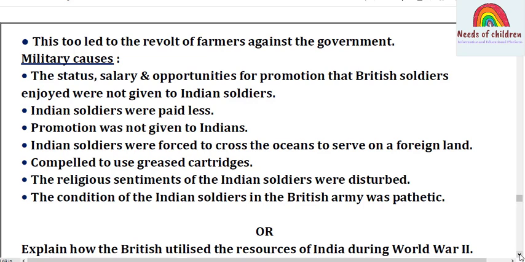And the next, military causes. The status, salary, and opportunities for promotion that British soldiers enjoyed were not given to Indian soldiers. Indian soldiers were paid less. Promotion was not given to Indians. Indian soldiers were forced to cross the oceans to serve on foreign land.